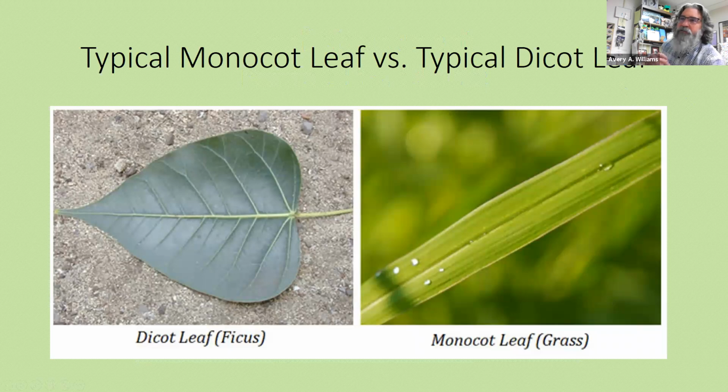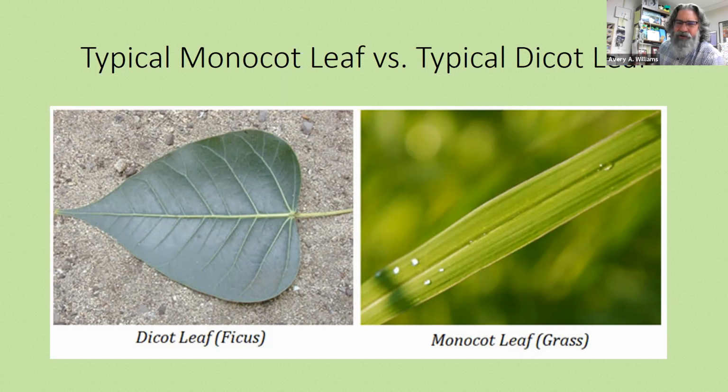Okay. Now, remember we had monocot leaves and dicot leaves and monocot roots and dicot roots, et cetera. Always comparing the monocots versus the dicots. And so here, you know, there's all kinds of monocot flowers and plants and so on and so forth, several different species.